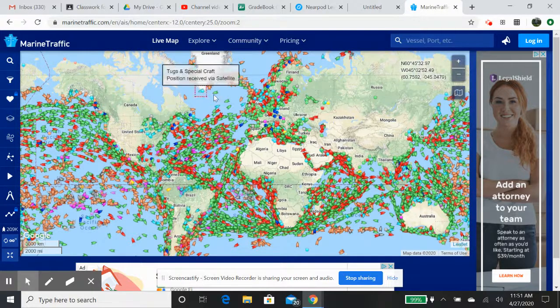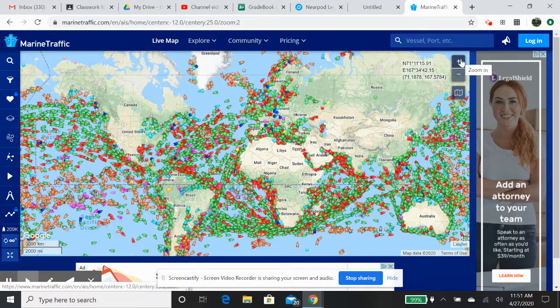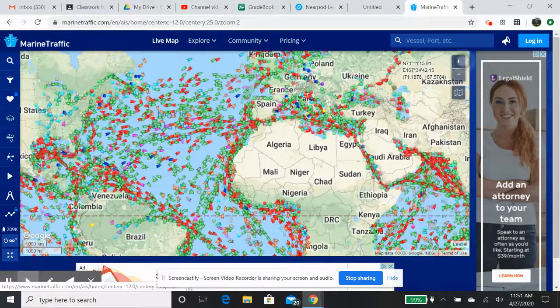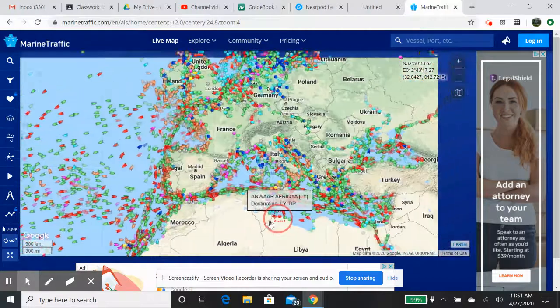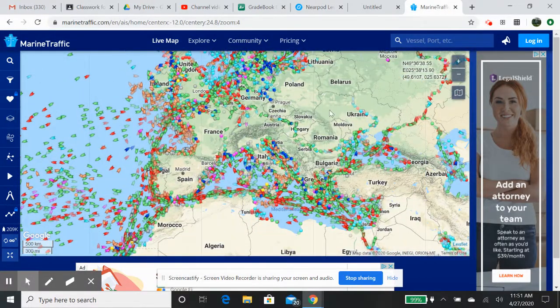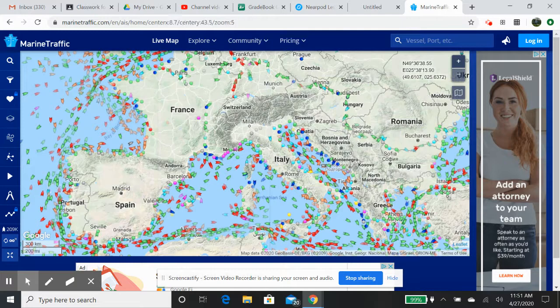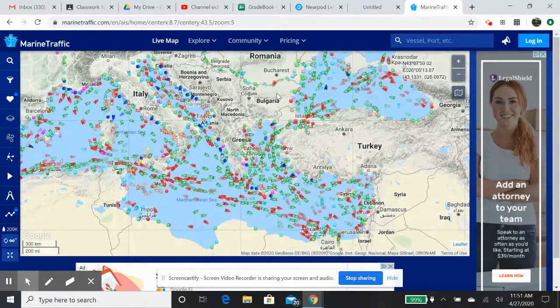Now the cool thing about this is that we can zoom in here and go to the area where the Renaissance was occurring, and you can see even at this moment all of the ships, the vessels that are within the Mediterranean.